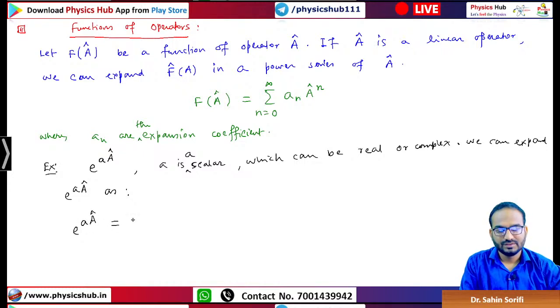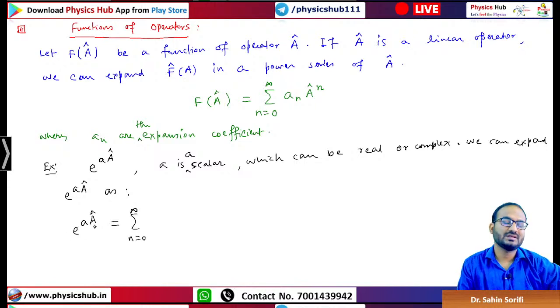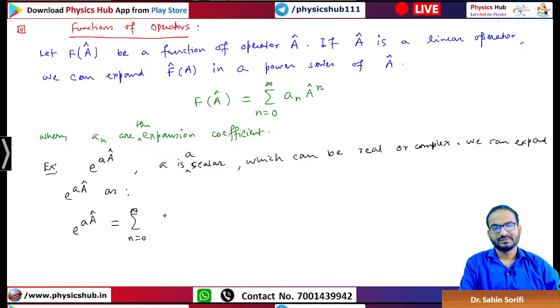This is like the expansion of the exponential series. You know how to expand it: summation n equals 0 to infinity of a to the power n A to the power n by n factorial.